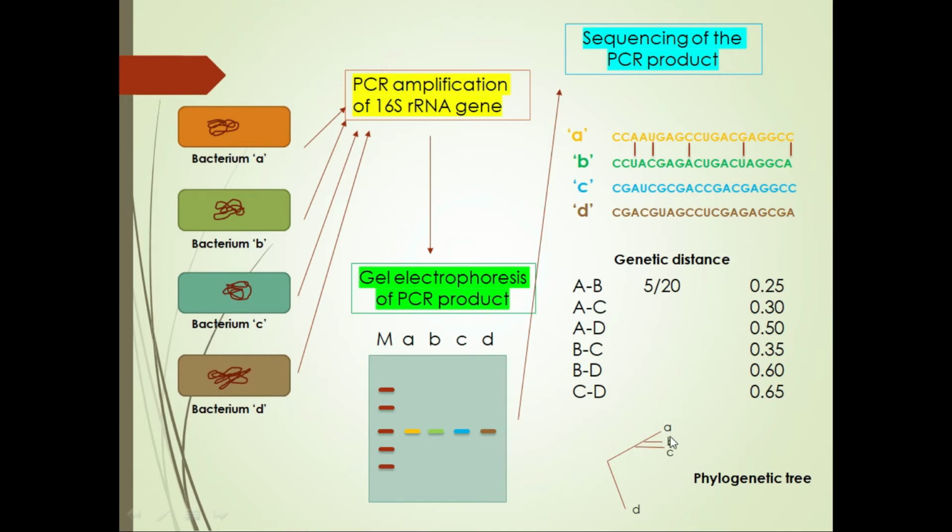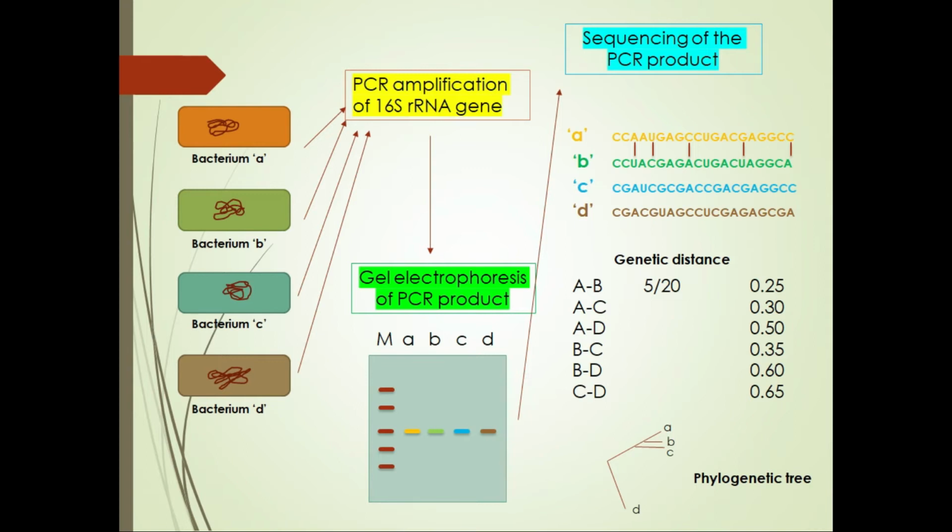Because A and B distance is 0.25, A and C distance is 0.3, B and C distance is 0.35, but A and D distance is 0.5, B and D distance 0.6, C and D 0.65.